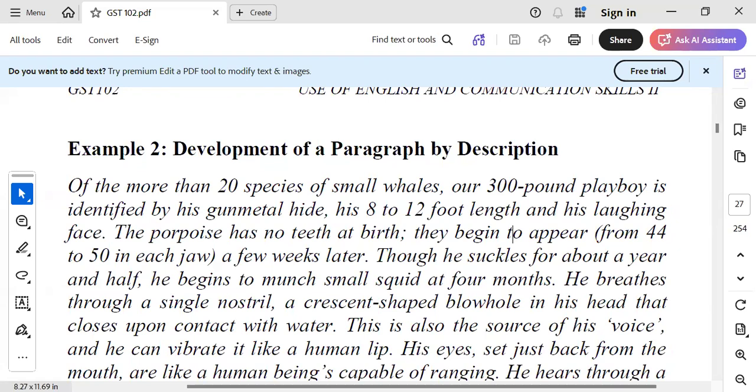When you enter a room, or maybe you enter a class, or you visit your study center and you enter an office, and the office seems to be hot, a lot of people were there, like the place is crowded, and even the room was poorly ventilated on its own. You can give description of a condition that you met in the place. So those are the situations where you find yourself using description.